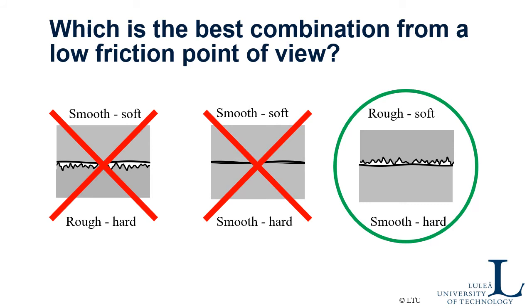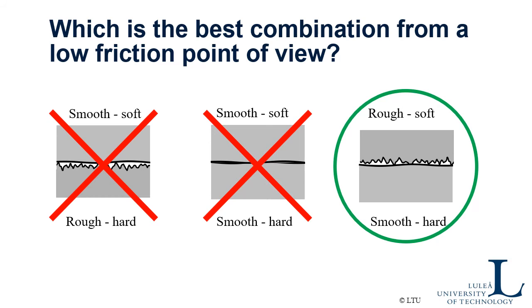All right, the solution is, of course, that you should take the rough soft surface and put that in contact with the smooth hard surface. And why? Well, first of all, the hard one should be as smooth as possible, then it can't penetrate into the rough one, so you don't get any abrasive type of wear or plowing type of friction.